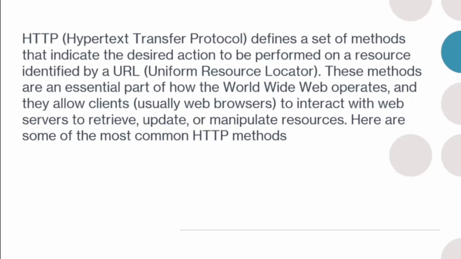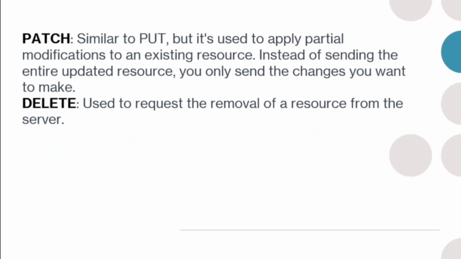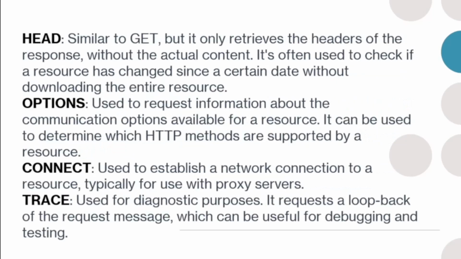First is the HTTP, which is the protocol for performing action on a resource identified by the URL. So in terms of the different methods that our microservices and Spring Boot in particular accept, we have the get, post, put, patch, delete, and some other not well known methods, which is head, options, connect, and trace.